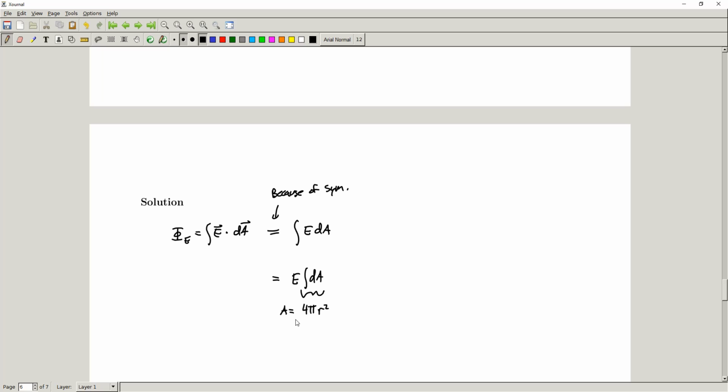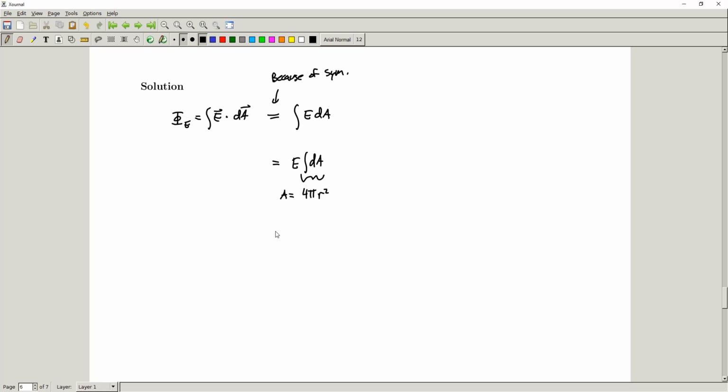We've simplified what could have been a messy integral down to just a simple substitution here, and so we end up with E times 4 pi r squared. And in this case, I'll take it a little bit further. We know we can write what the expression for E is, because we know that, or maybe I should make some notes here.